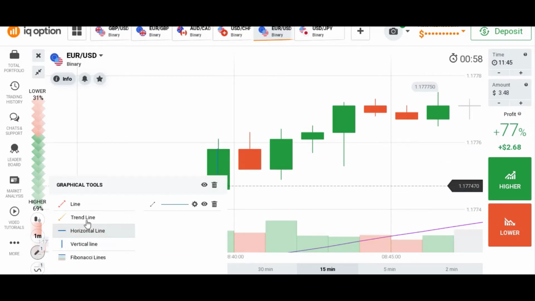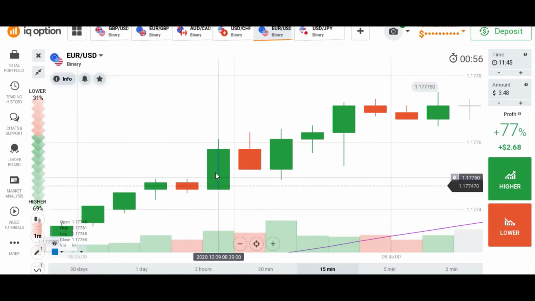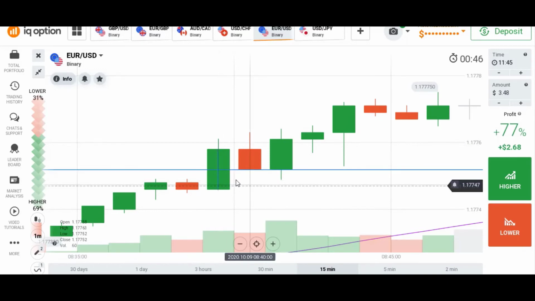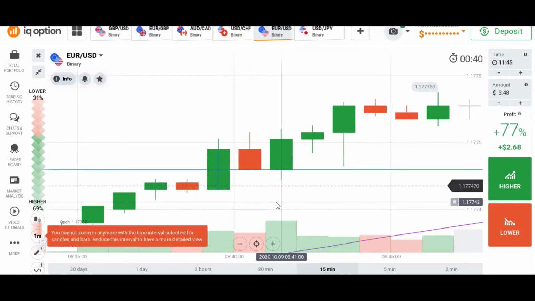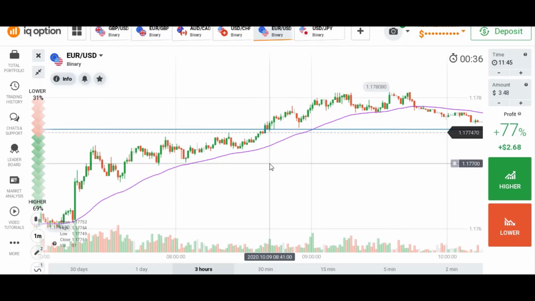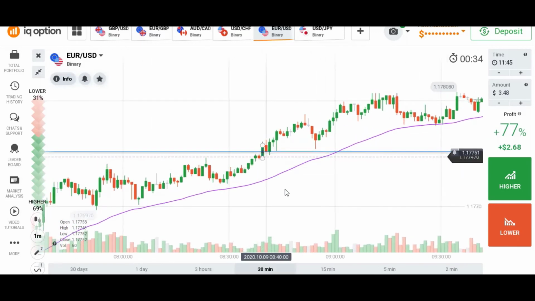So we can draw a horizontal line at this level. Yes, this is a little bit down here. Yes, this is accurate now, 100% accurate. So the 50% level of this candle acts as a SNR level.